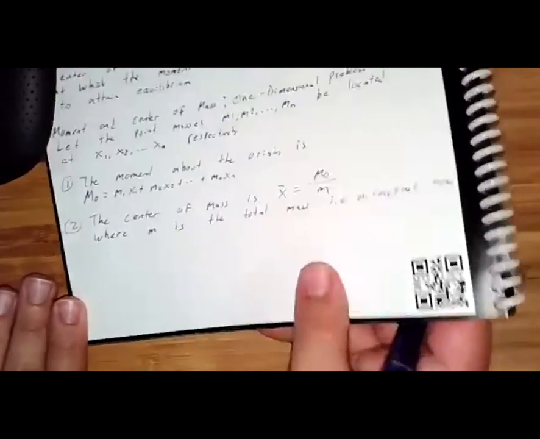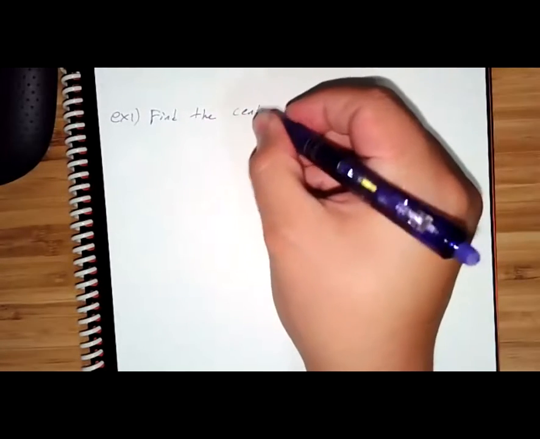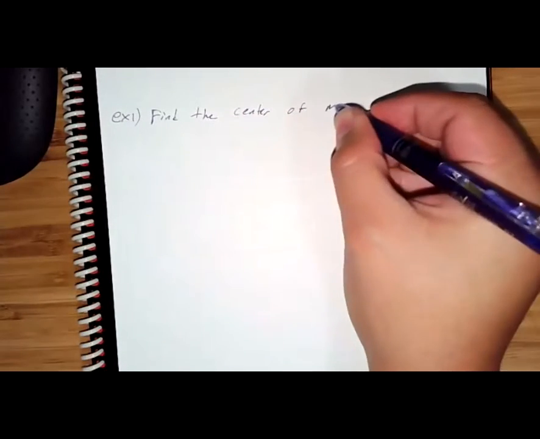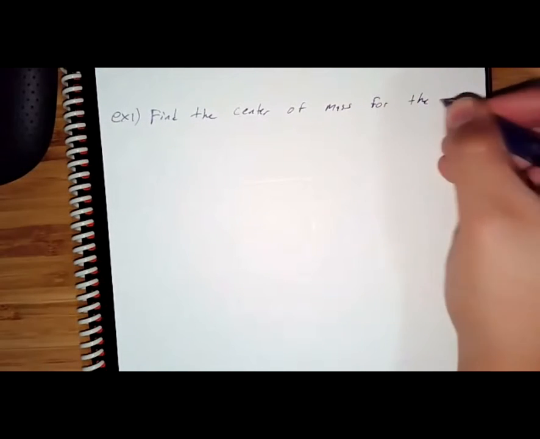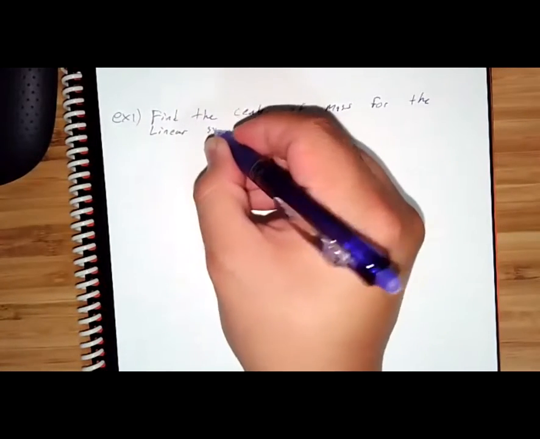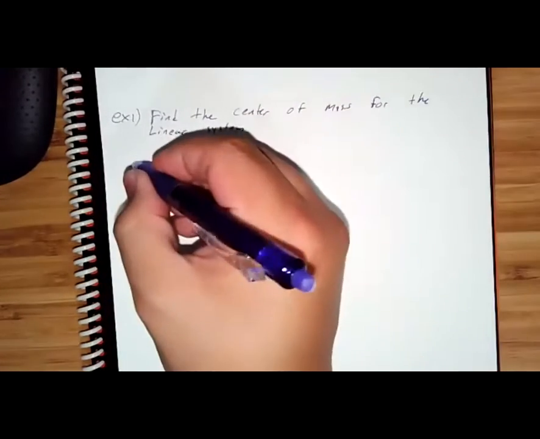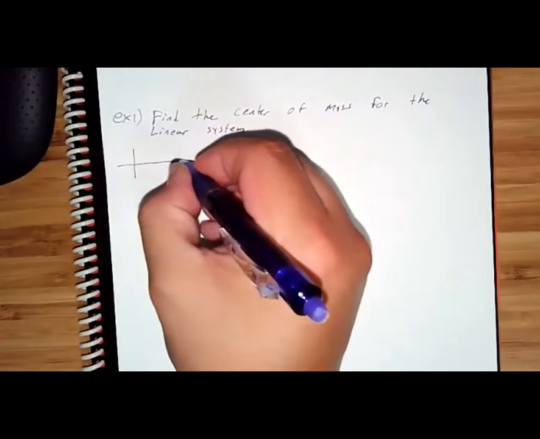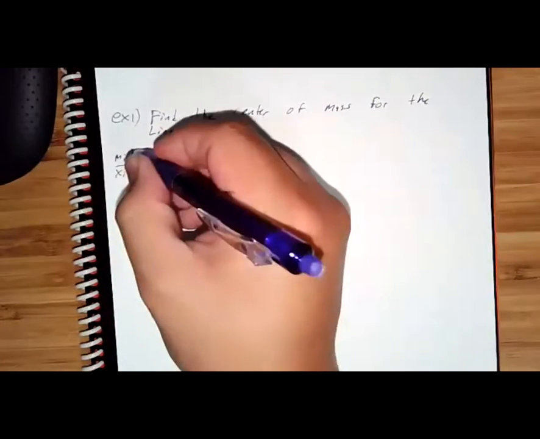Okay. I'm gonna start the problem now. Find the center of mass for the linear system. So they gave us the system here, all the masses and their respective distances.